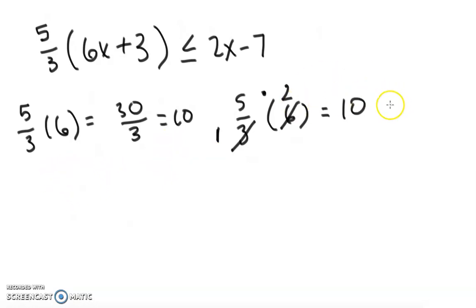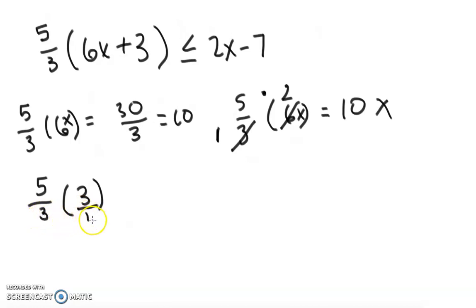There's an x beside the 6, so it's 10x. And right here, let me write that x here so you know where it's from. Now we're doing the same thing, but 5/3 times a positive 3. Again, you could do 5 times 3, 15, divided by 3. The reason I'm multiplying to the top is because imagine this 3 as 3 over 1.